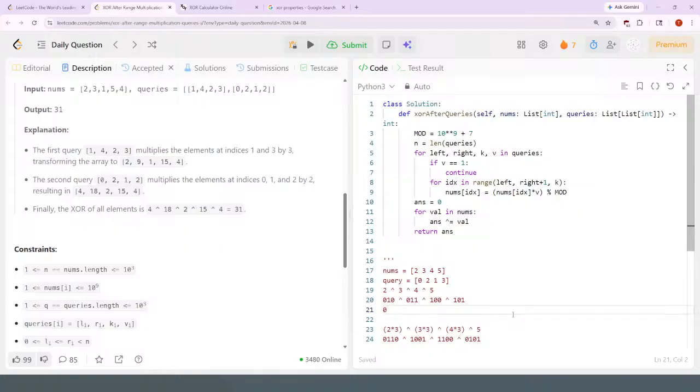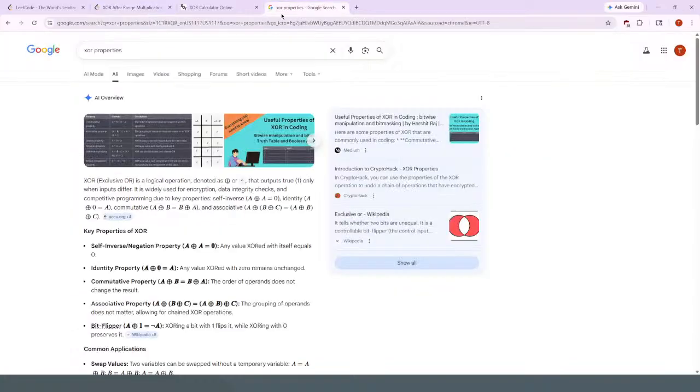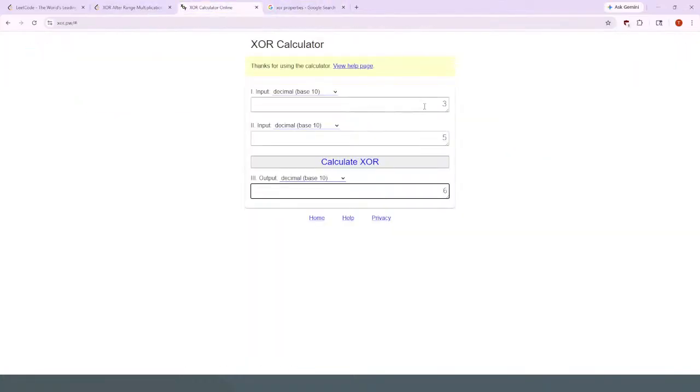So 0, 0, 1, XOR with 1, 0, 0, XOR with 1, 0, 1. And that should be 1, 0, 1, XOR with 1, 0, 1. So that becomes 0. So 2 XOR 3, XOR 4, XOR 5 should give me 0.